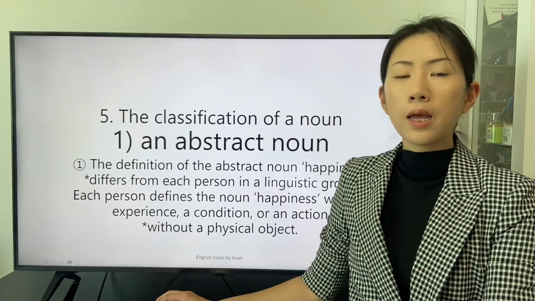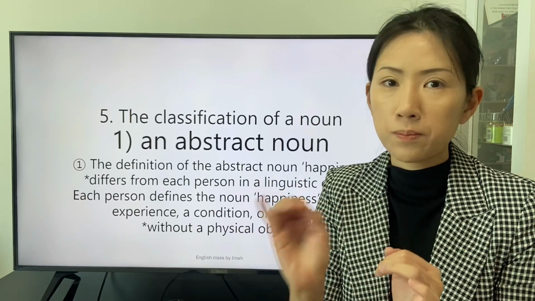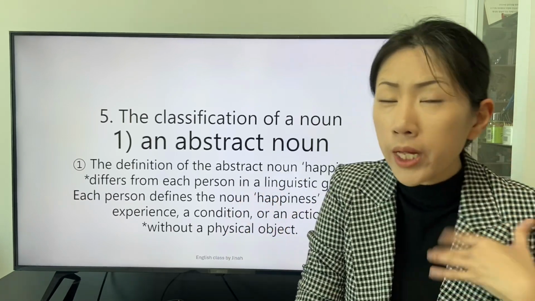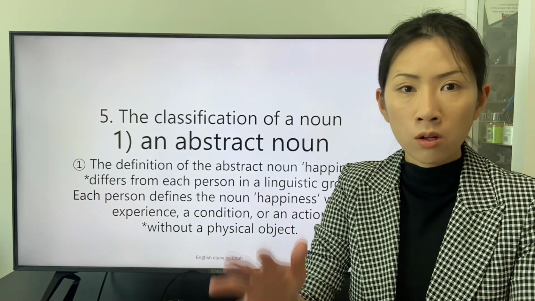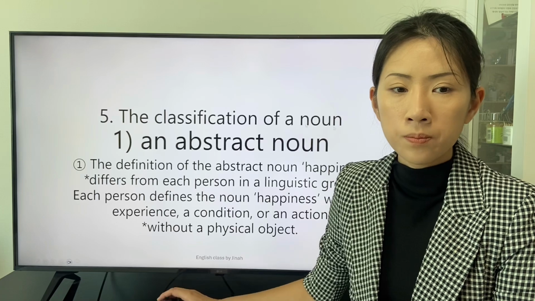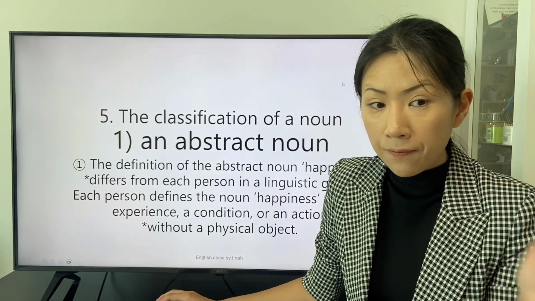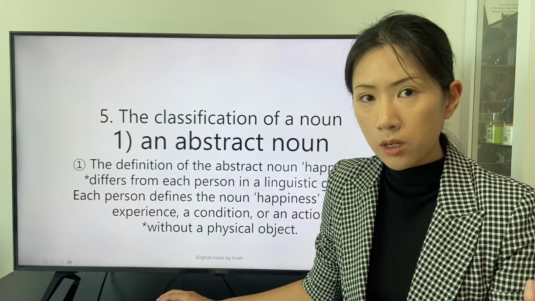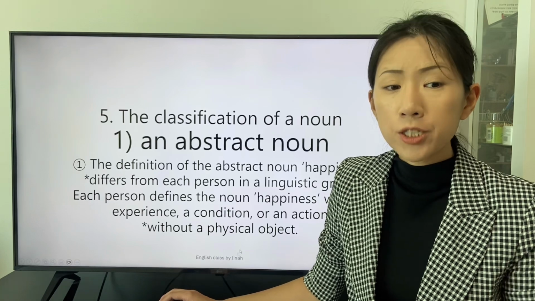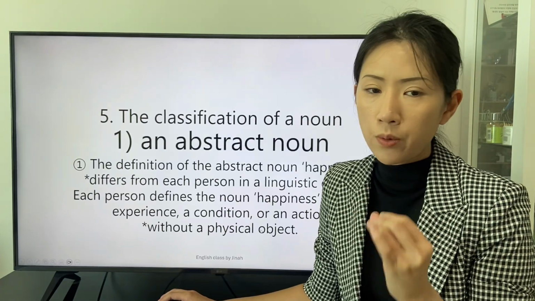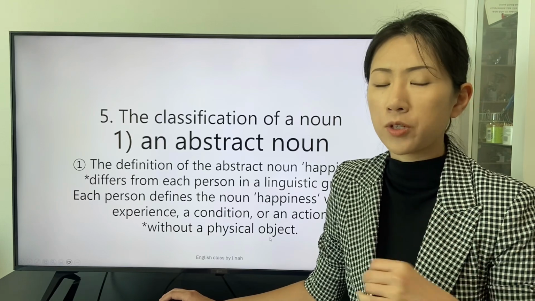And if you tell me your own definition on the object happiness, I will accept your own definition on happiness. So the definition of the abstract noun differs from each other in a linguistic group. Each person defines the noun happiness with an experience, a condition, or an action with the physical object.